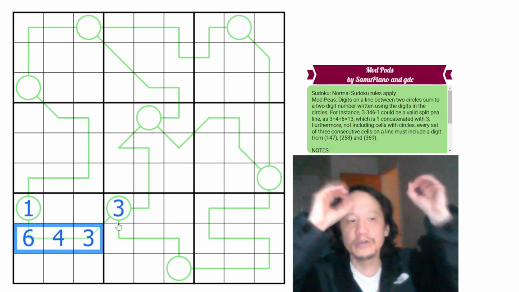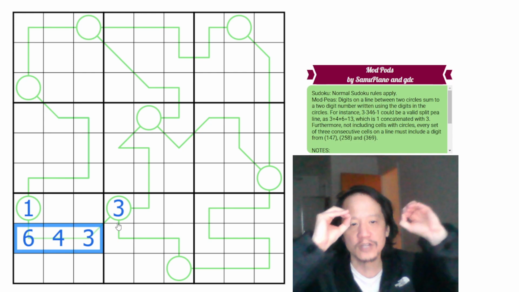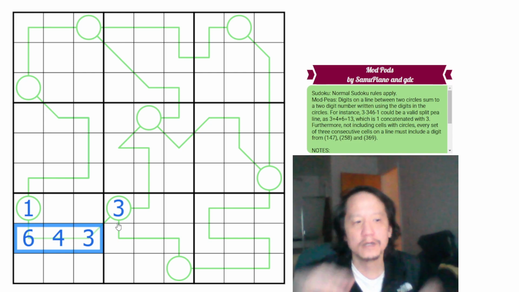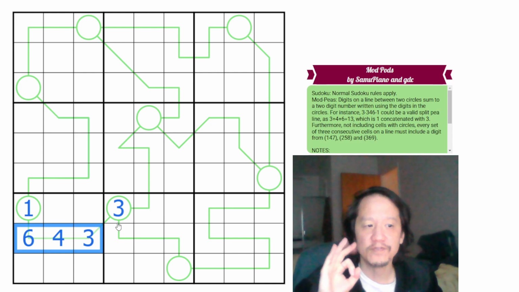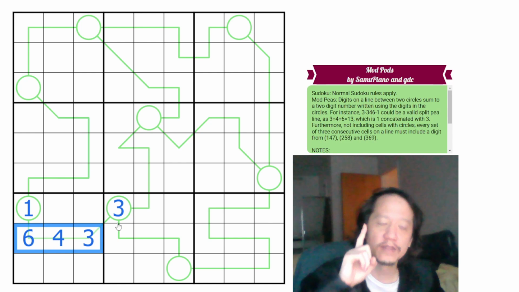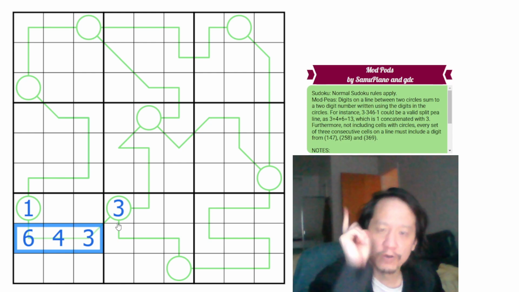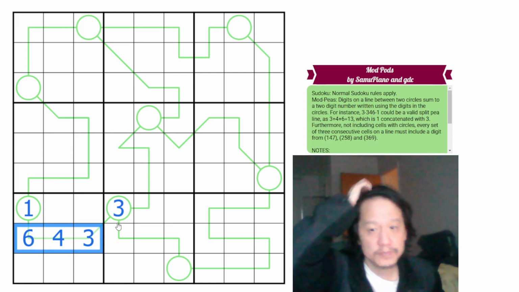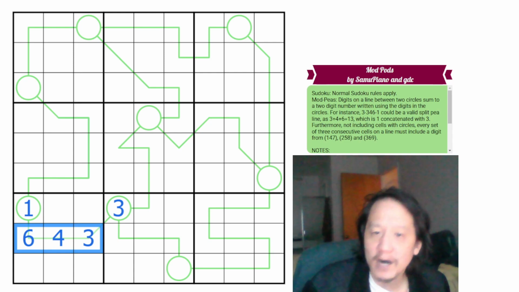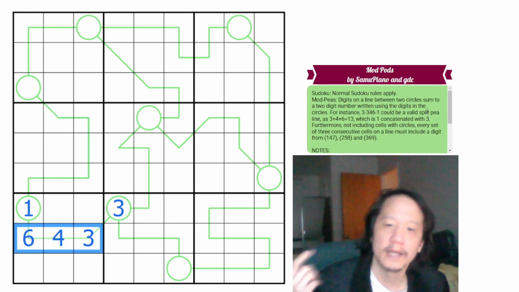Not including the circles on the ends of the lines, but everything in between, if you have 3 digits that are consecutive, you always have 1 digit from 147, 1 digit from 258, and 1 digit from 369. But you're not sure what the order is. And that's mod P's, which is a combination, again, of split P lines and modular lines.